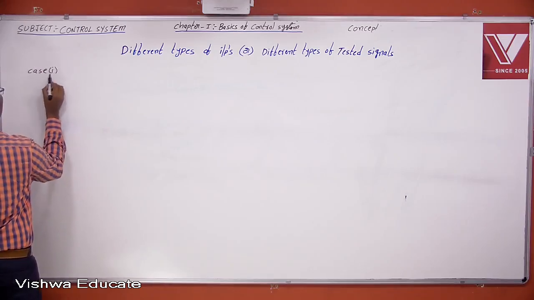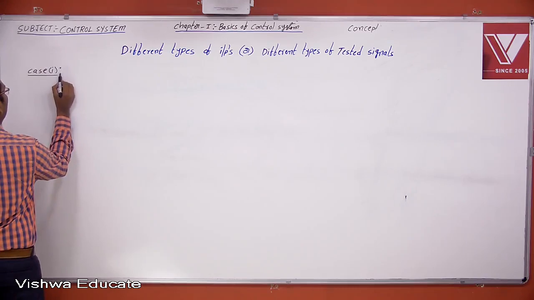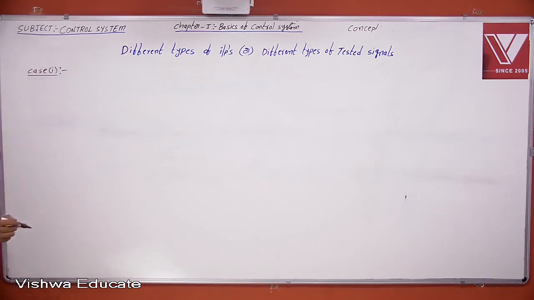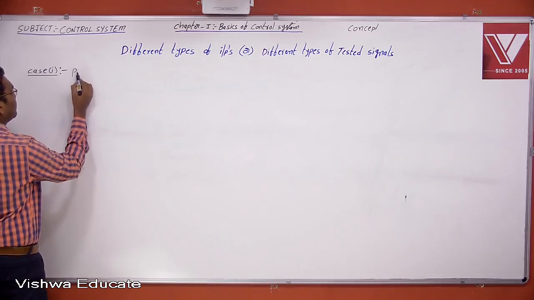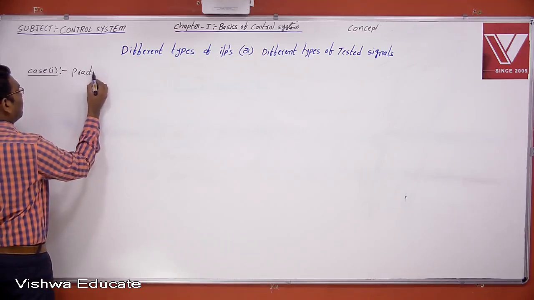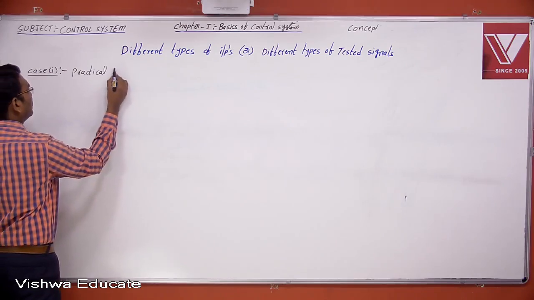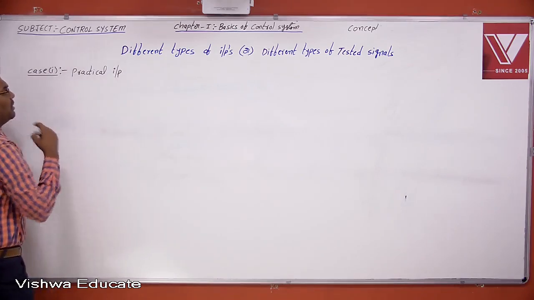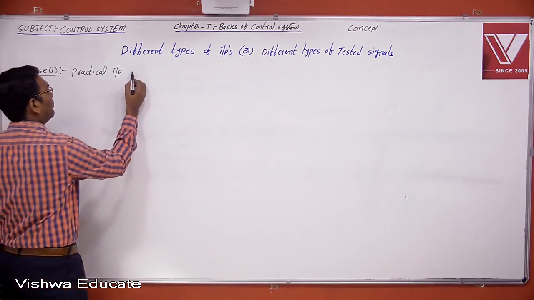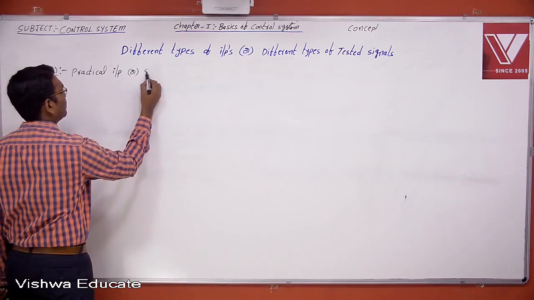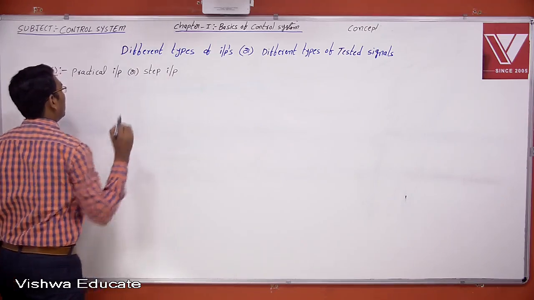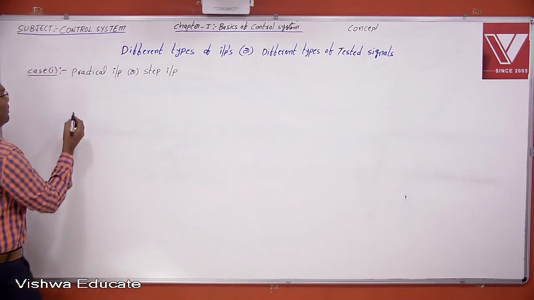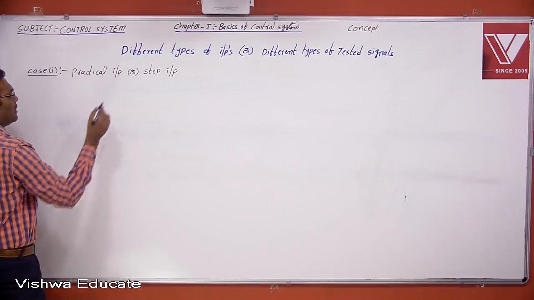case 1. Now we already know that one input, this is practical input. This is also called a practical input, and mathematically it is called a step input.